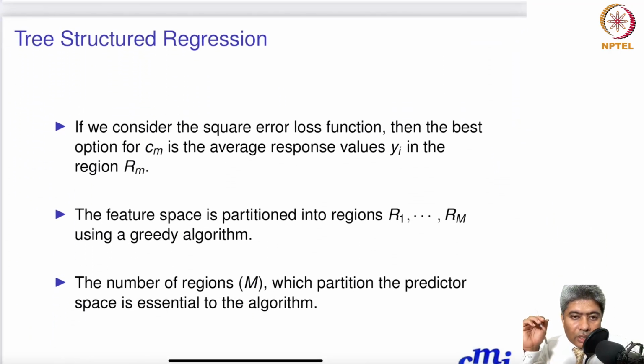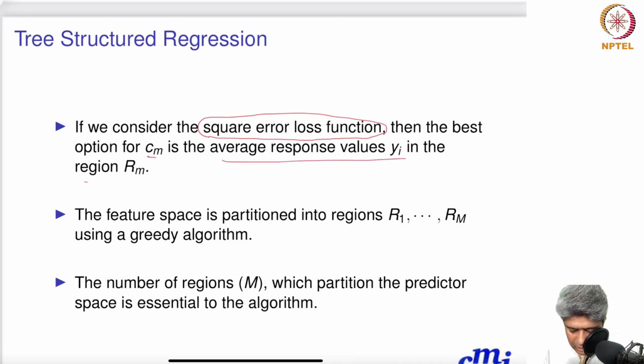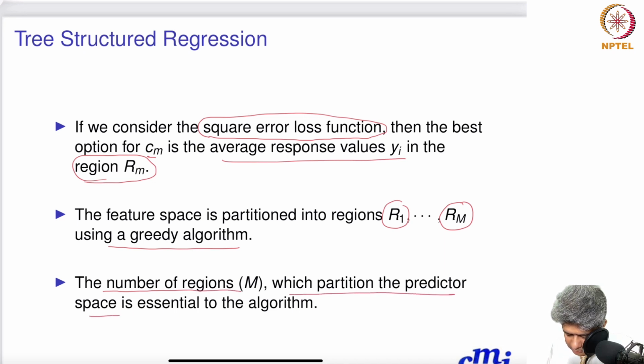If we consider the square error loss function, then the best option for Cm is the average of the response values yi in the region Rm. The feature space is partitioned into regions R1, R2, up to Rm using a greedy algorithm. The number of regions which partition the predictor space is essential to the algorithm.